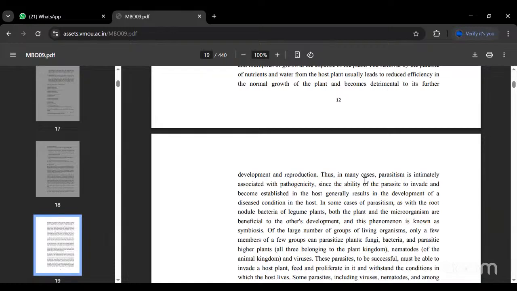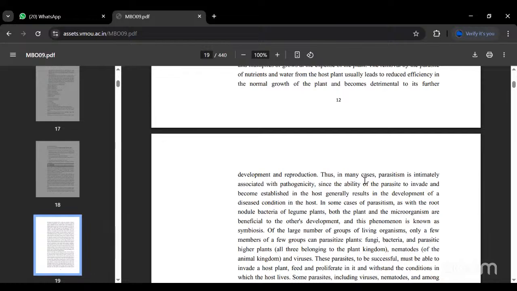These are the number of living organisms that only develop on living hosts. Thus, in many cases parasitism is intimately associated with pathogenicity.